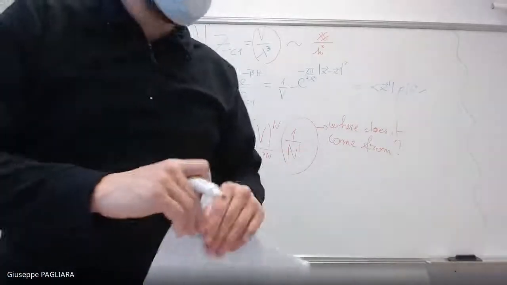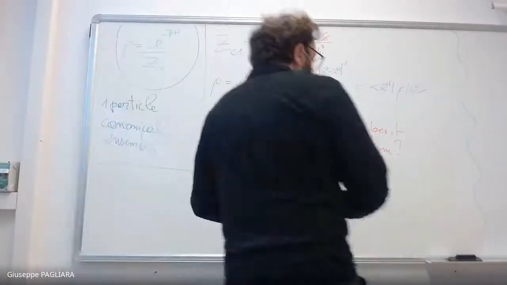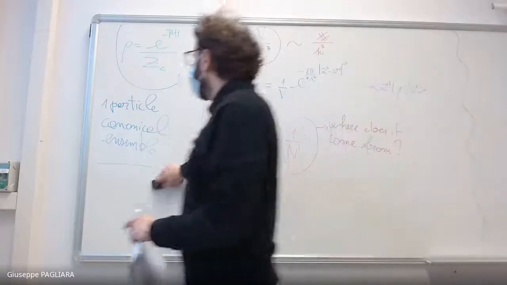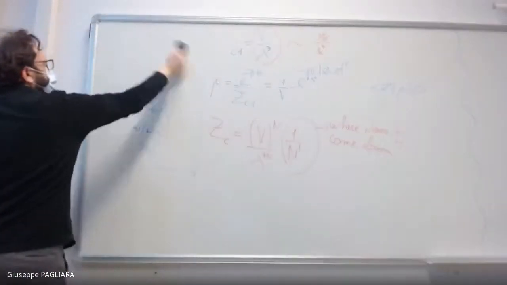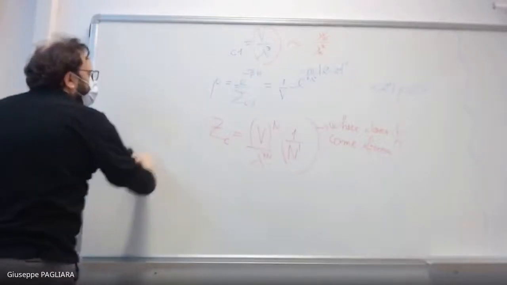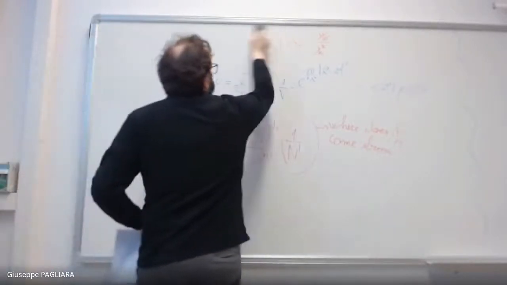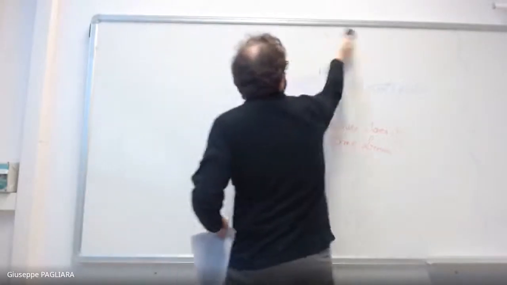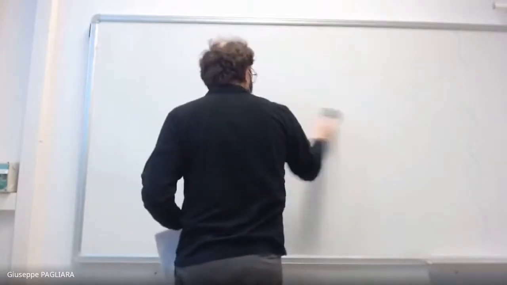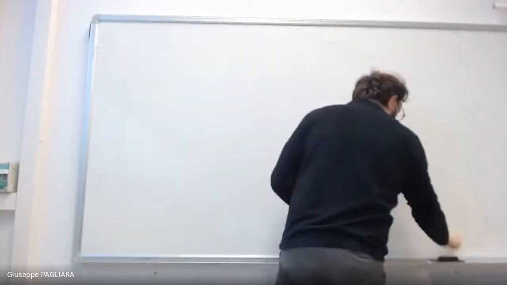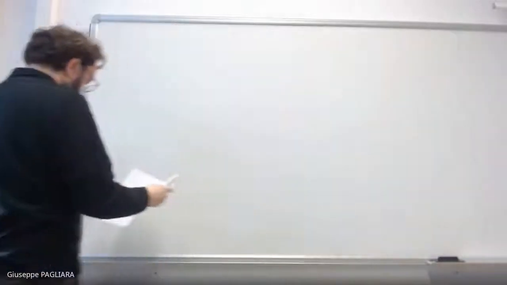So what we are going to do now is to extend the calculation of the density matrix, now with 2 particles. And this is a little bit tricky, as you will see. Let's try to do it. So now we take 2 particles.